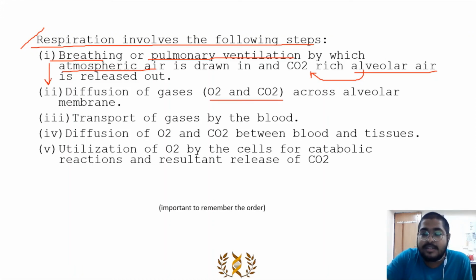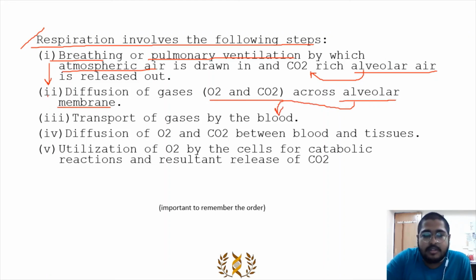And then this is followed by diffusion of gases. Which two gases? Oxygen and carbon dioxide, across the alveolar membrane. We recently discussed the alveoli, and the alveolar membrane is where diffusion takes place. So from the alveolar membrane, these gases get diffused and absorbed into the blood.